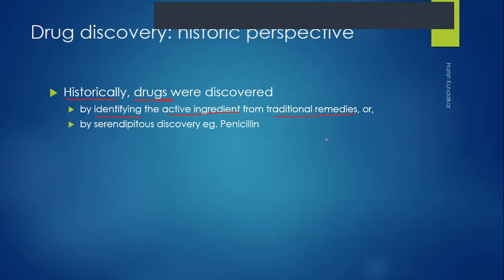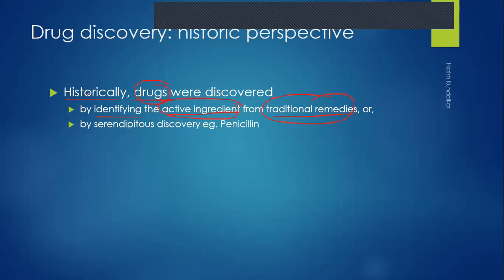For example, in India, we have Ayurveda. In some of the Middle Eastern countries, there is Unani, and so on and so forth. There are many other alternate systems of medicine available, and historically drugs were discovered by identifying the active ingredient present in those traditional remedies.